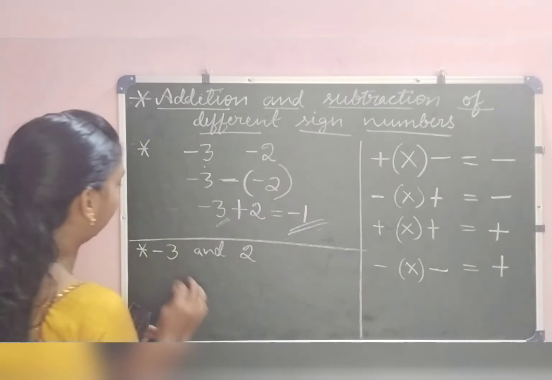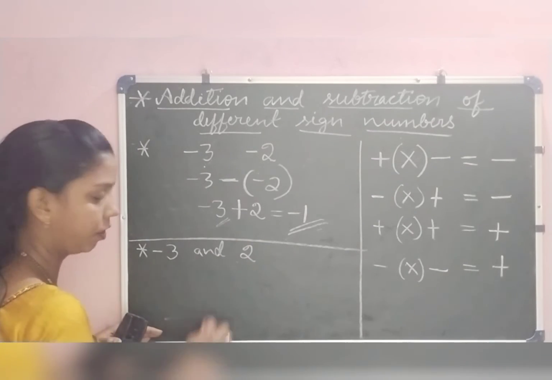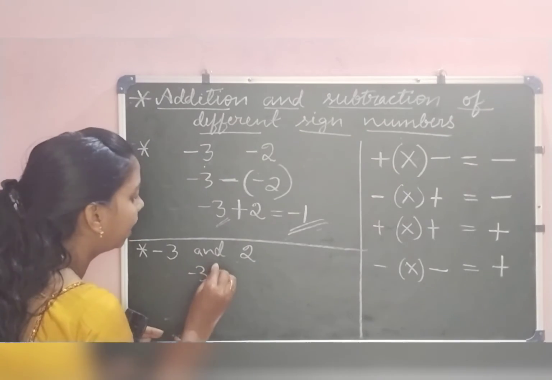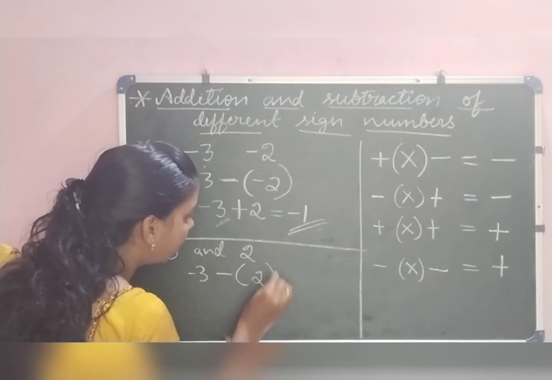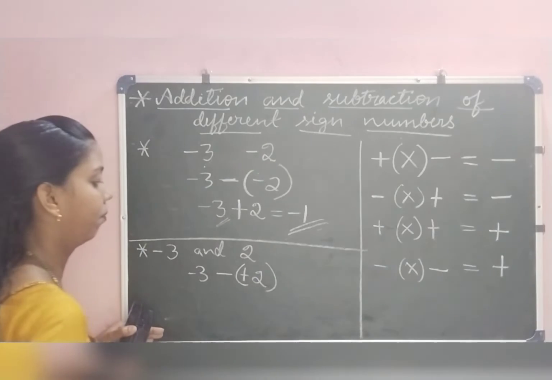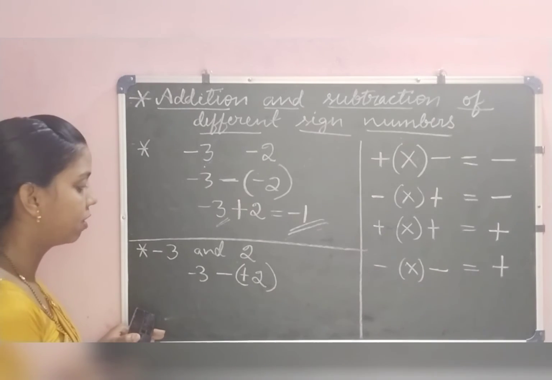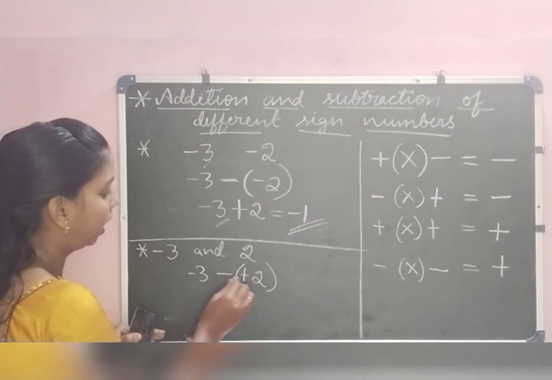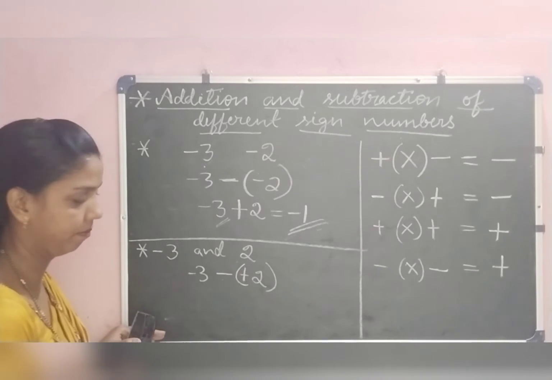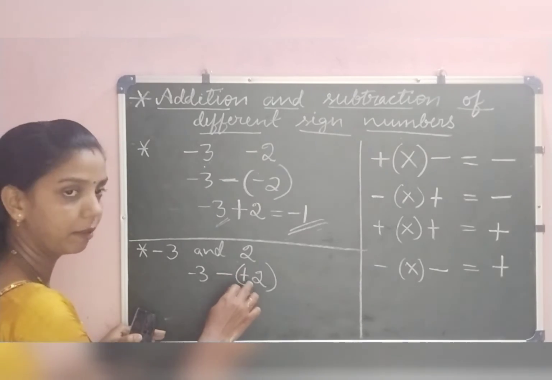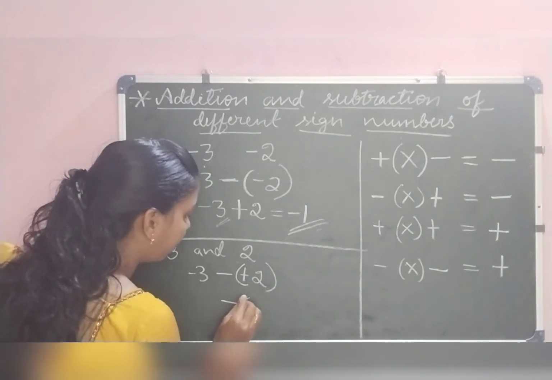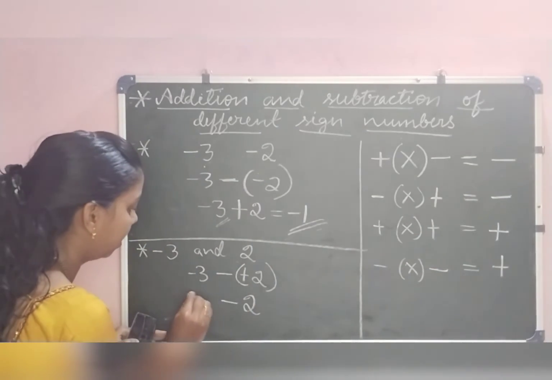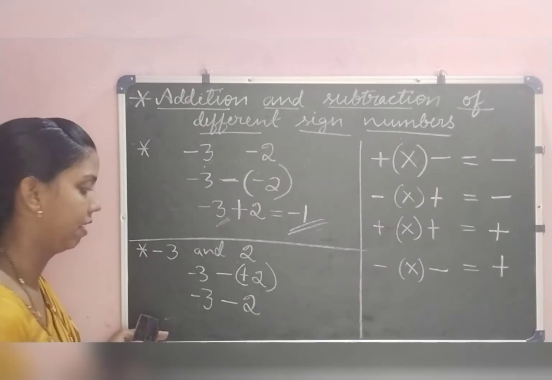Again, here, minus 3 and plus 2. Minus 3, subtraction, minus inside the bracket 2. 2 means that is plus 2. Now, both are having different signs. Minus, and inside the bracket plus. So, minus into plus, that is minus 2. Here this as usual you write minus 3.